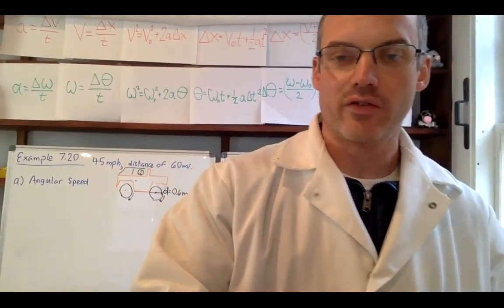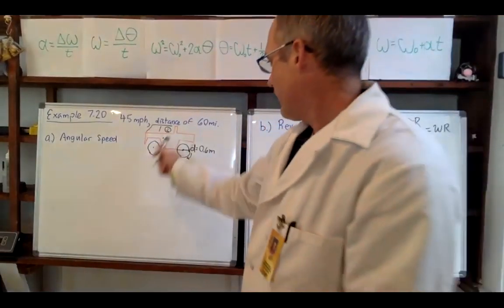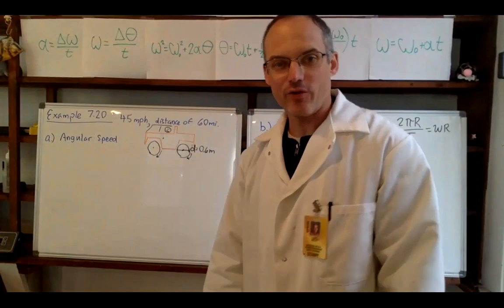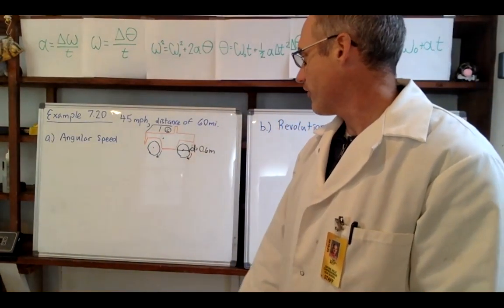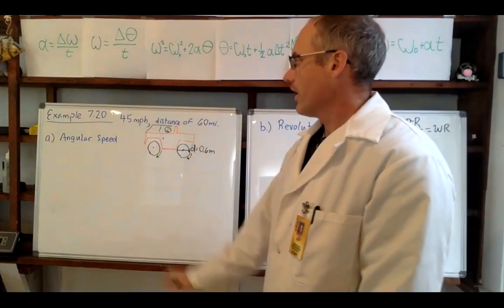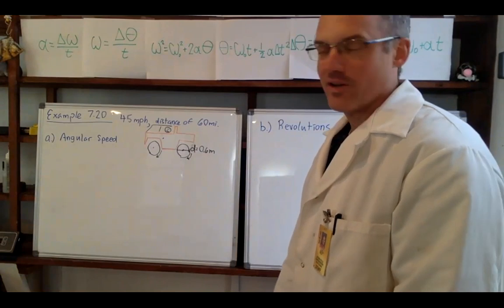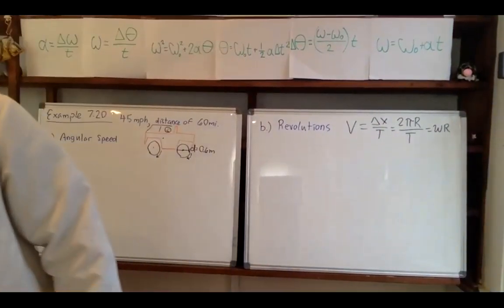And let's calculate this. Of course, you're driving a Jeep. Here, just picture yourself on a day, not like today where it's sunny outside, you can drive around with the top off your Jeep, and you have a diameter of your tire of 0.6 meters. We know you're traveling at an average speed of 45 miles per hour, and you're going a distance of 60 miles.